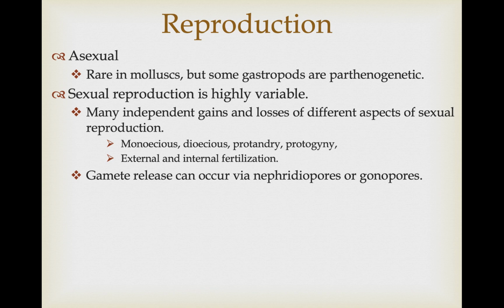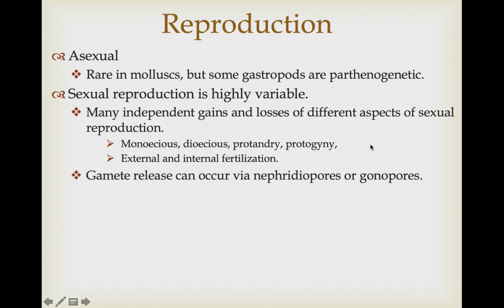So I want you just to get a sense of how diverse this is within and among groups. Don't remember which groups are monoecious or dioecious from here on out, unless I specifically say this is kind of unusual that this group only has one, right? So I'll point out when you really need to know it.